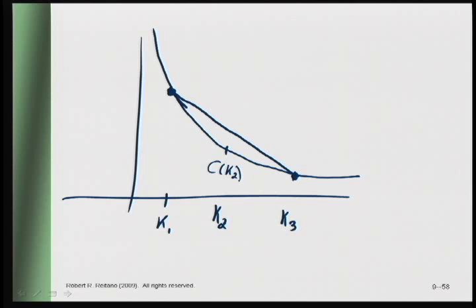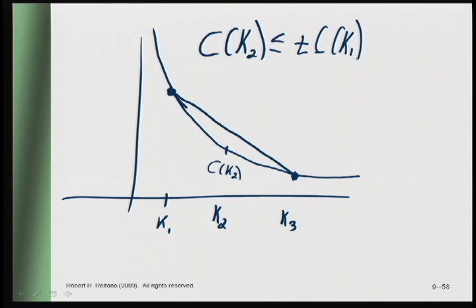And the relationship that we saw a moment ago is that c of k2 is less than or equal to a weighted average. I'll write it as t of c of k1 plus 1 minus t c of k3.